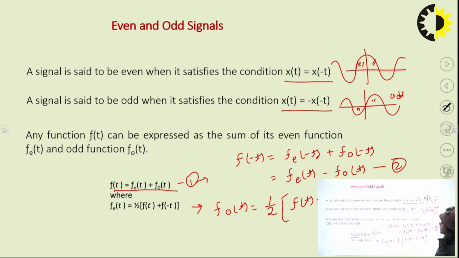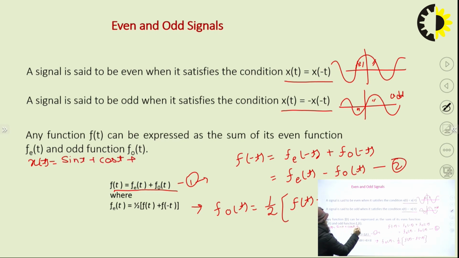For example, if a given function is sin t plus cos t plus sin t cos t, and we have to find out the even part and odd part, then the even function is cos t, since sin is odd.